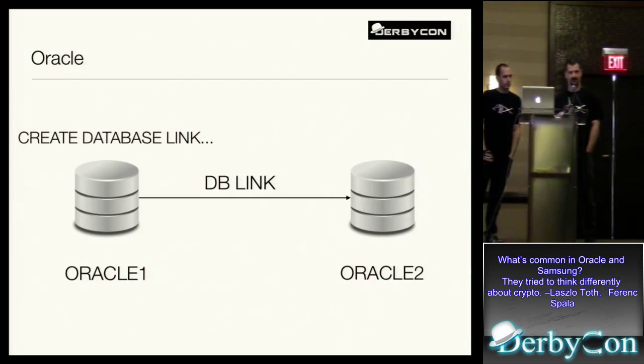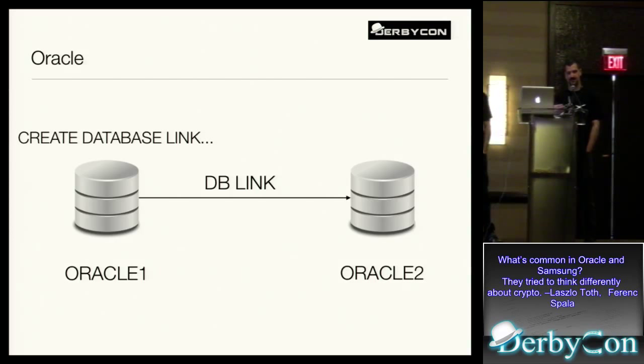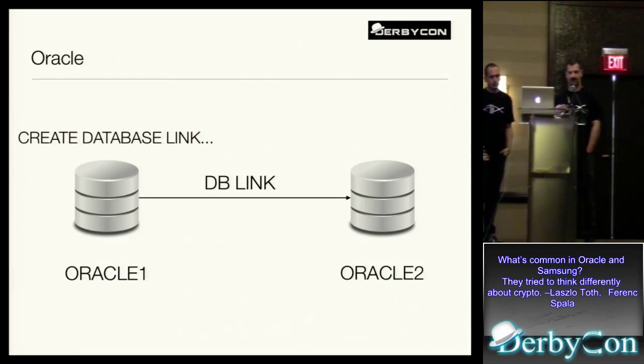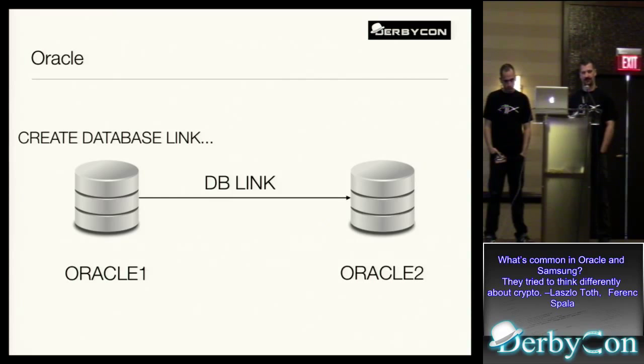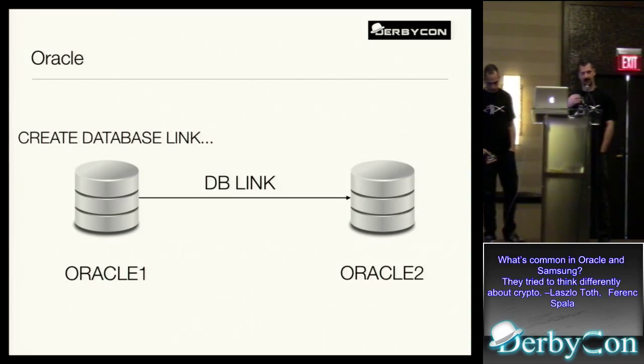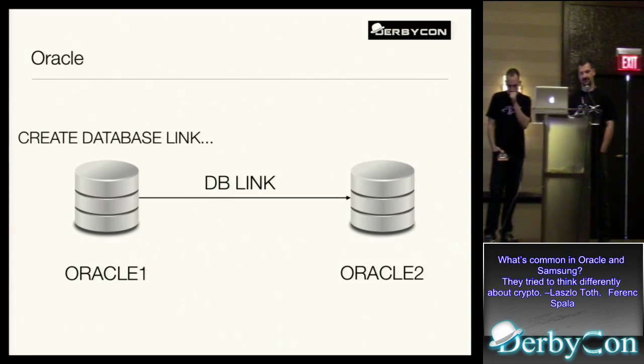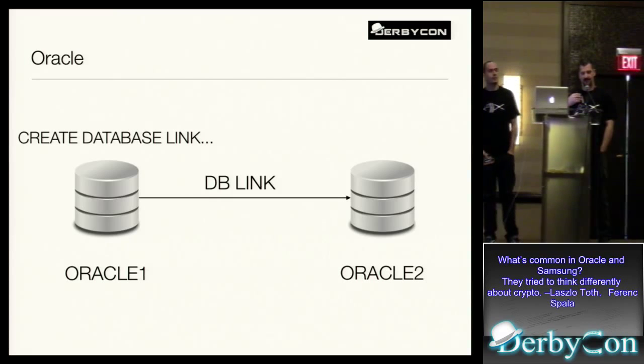With the help of a database link, you can access a remote database while you are logged into a database. You can create a database link in a way that the username and password of the remote database is stored in a normal table, the link$ table. And then when the user tries to access the database link, he doesn't have to know the username and password of the remote database.